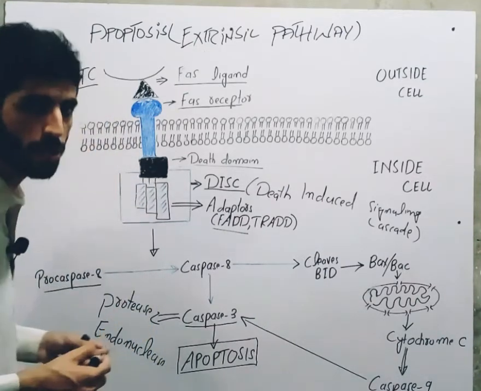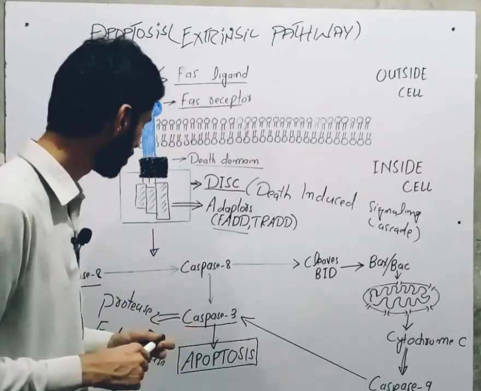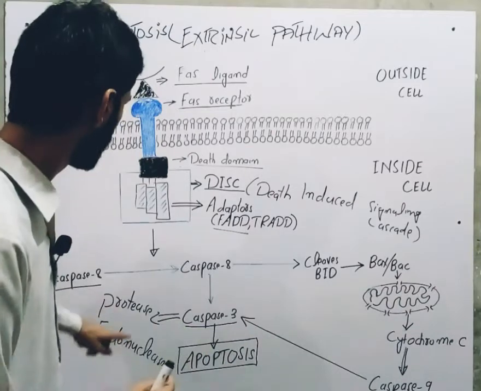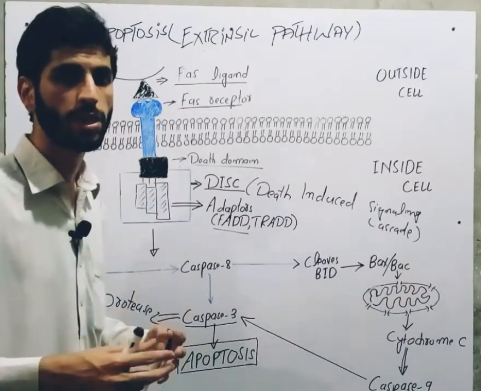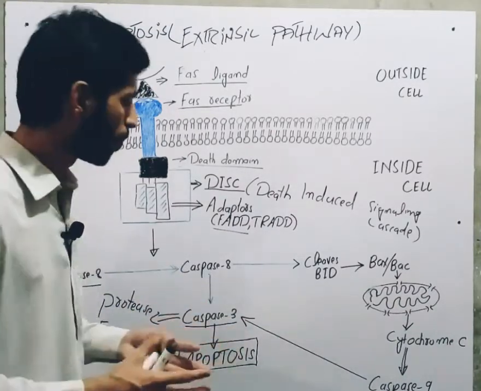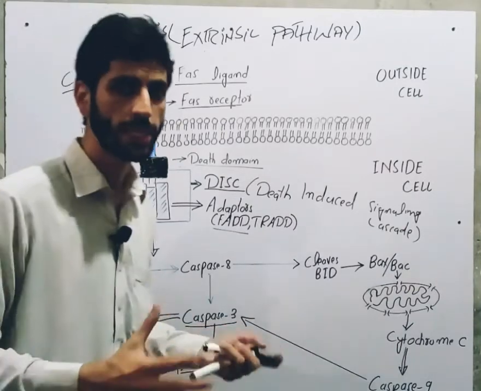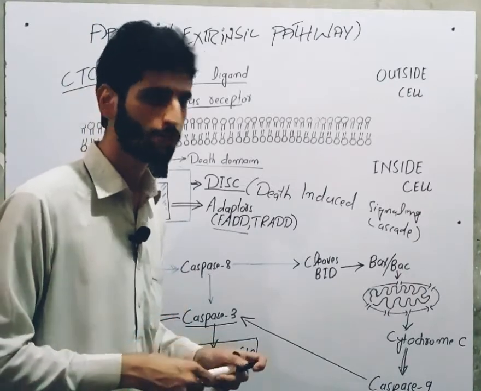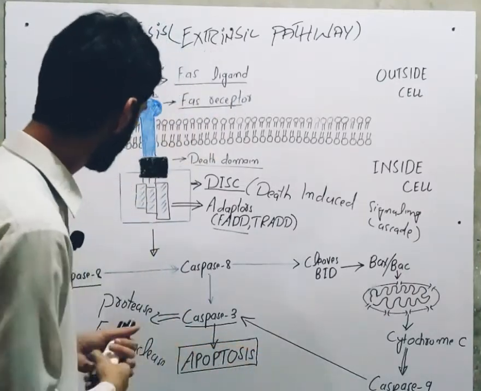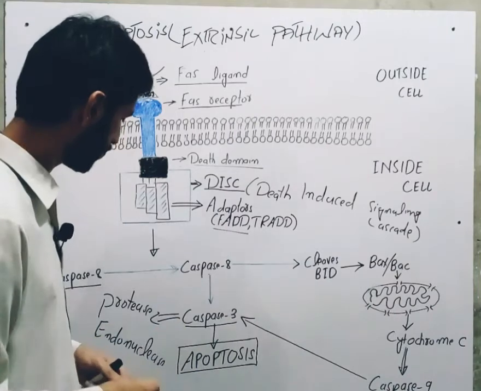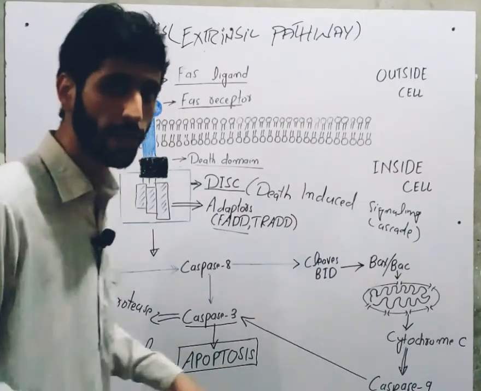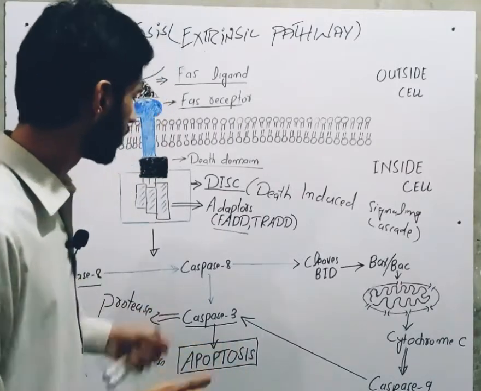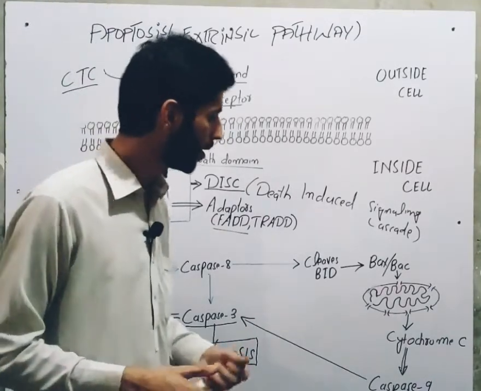Protease will degrade proteins. And as we know, the cytoskeleton inside the cell is made up of proteins. So this protease will degrade the cytoskeleton, and the cell structure and shape will distort. So the cell will ultimately go into apoptosis. And endonuclease will go and degrade DNA. If DNA has been degraded, then apoptosis occurs.